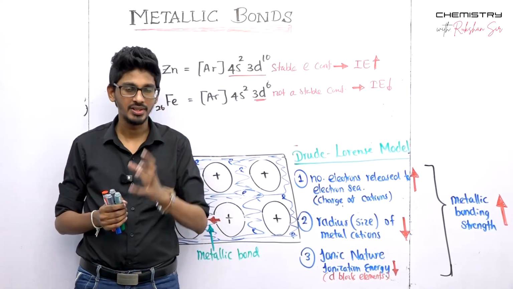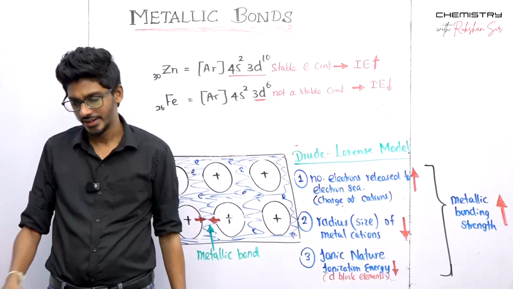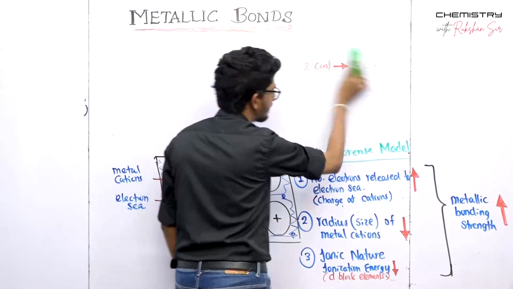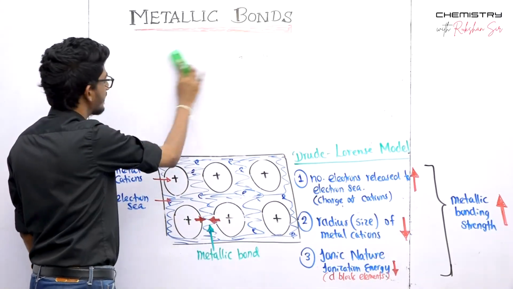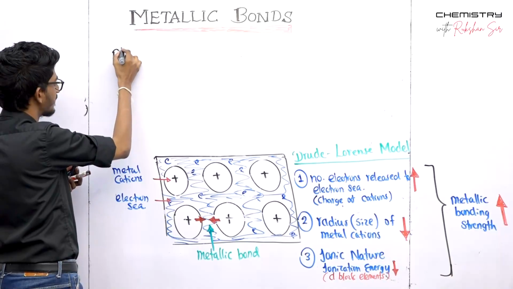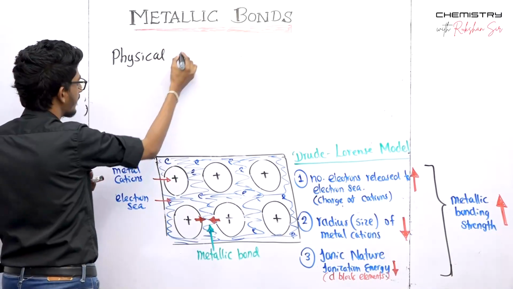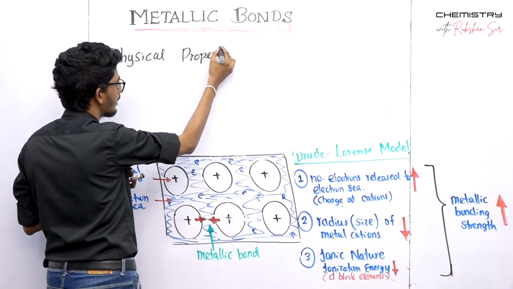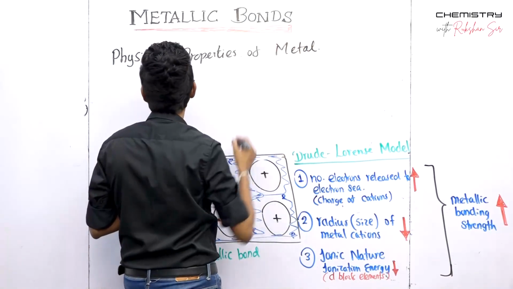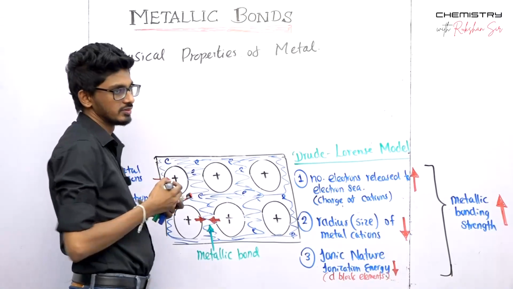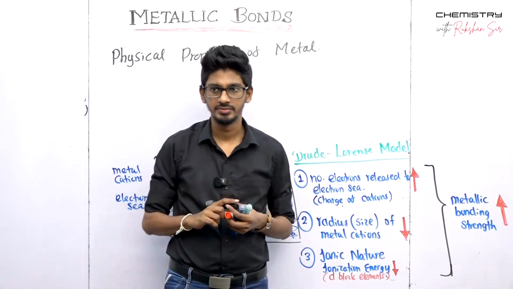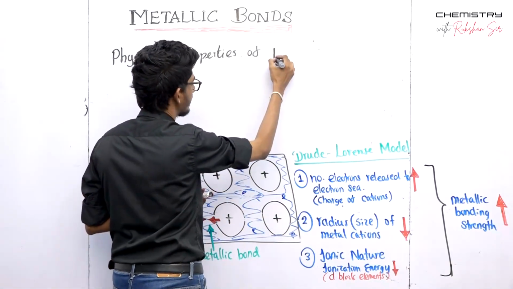The physical properties of metals can be explained with the use of this model, so let's use it to explain a few of them.